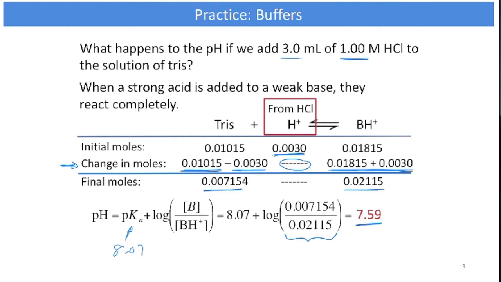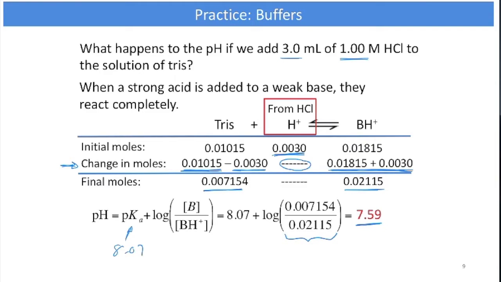But the other thing to remember is that the pH didn't go down all that much, and that's exactly what a buffer is supposed to do. We added a little bit of strong acid, the pH changes, but it doesn't change by a very large amount. If you were to add the same amount of HCl to just water, water would have a pH of 7 initially.